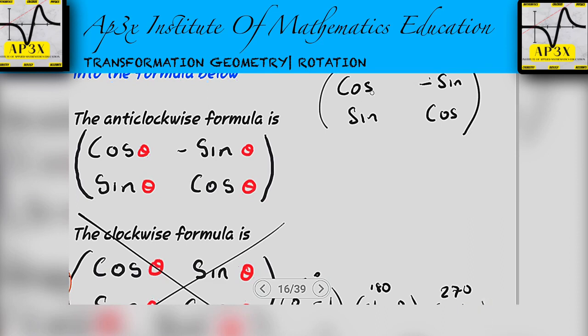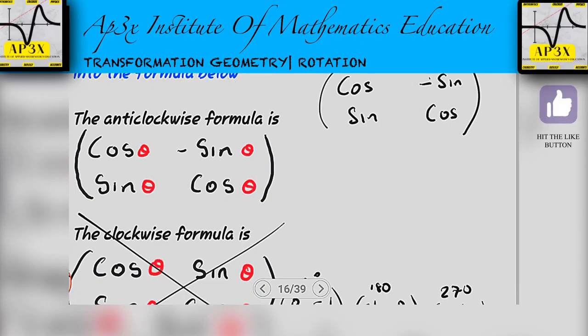So if you're being asked to rotate the object 90 degrees clockwise, you're going to have to put 270 degrees into the anti-clockwise formula. Because of course, going 90 degrees clockwise will be the same position as going 270 degrees anti-clockwise.